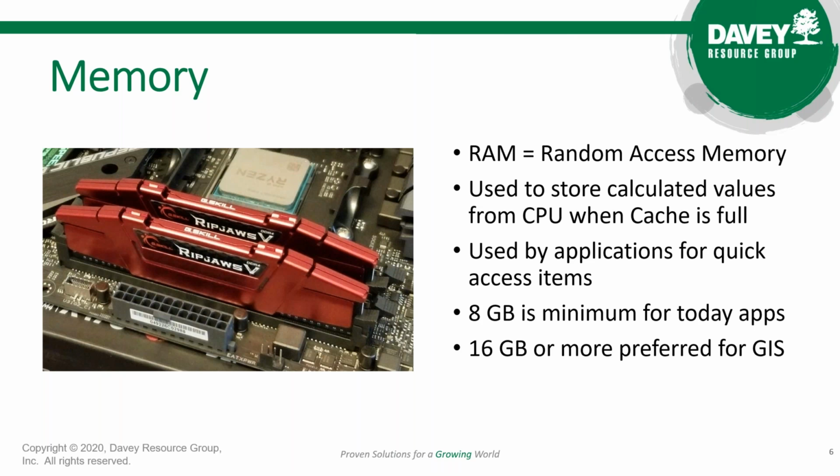Most apps like ArcGIS Pro say they will run at 8. I've tried running them at 8. It was not a very good experience. I've done that with QGIS a little bit, and even it doesn't particularly like 8 gigabytes or less of RAM. So definitely you want to make sure.